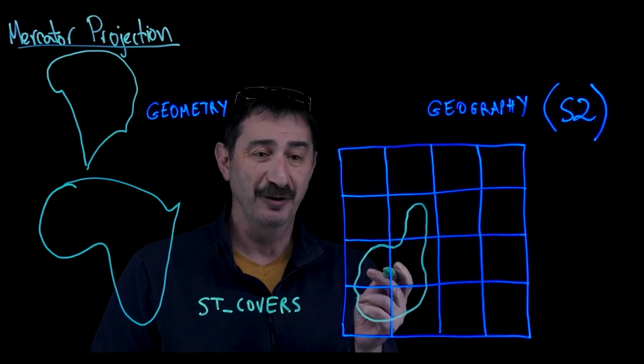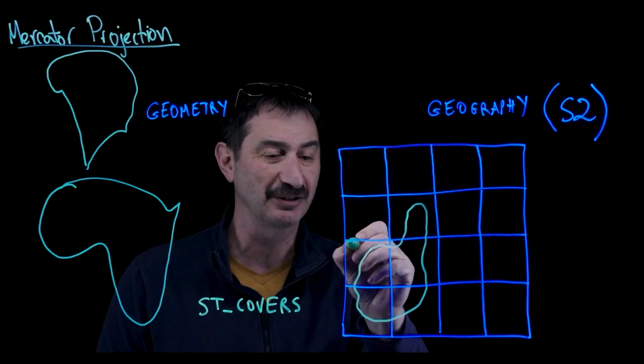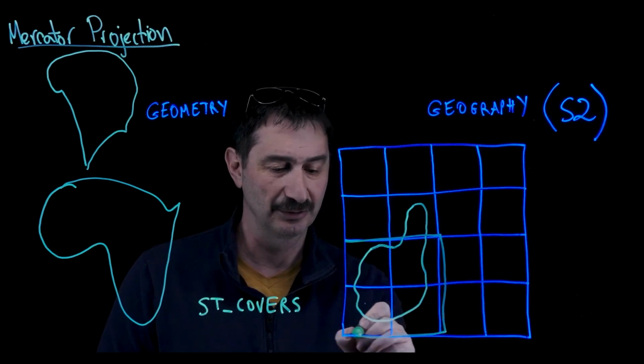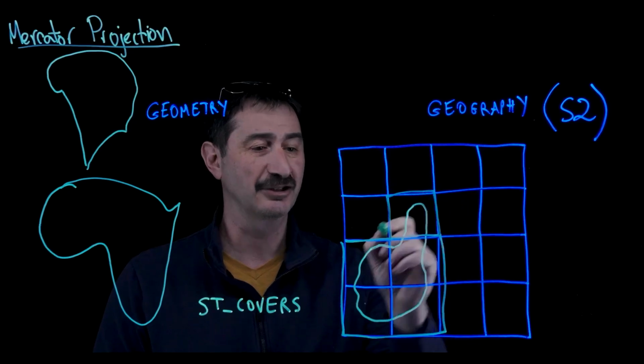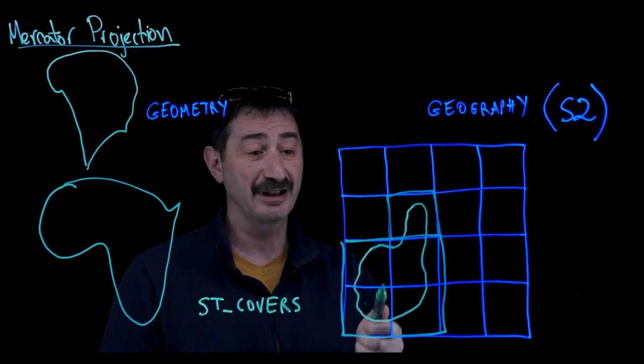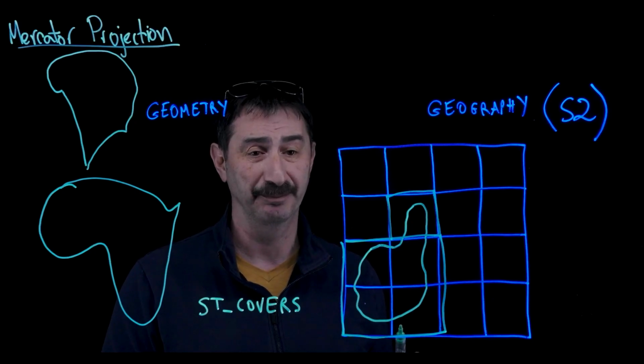For the sake of the illustration, I'm going to show only 2 cells here, cover with 2 cells. So this is 1, and this is 2. And you can see that together, those 2 cells cover the polygon completely.